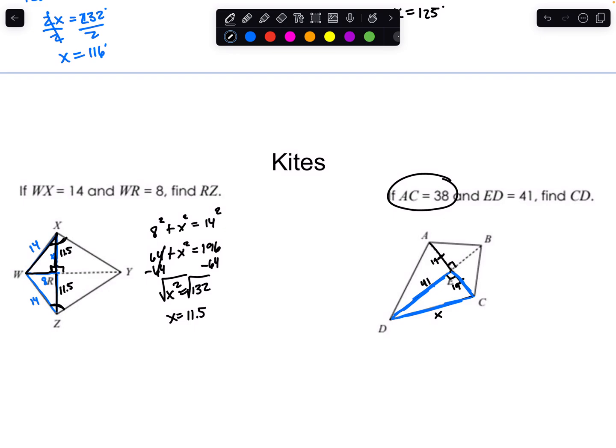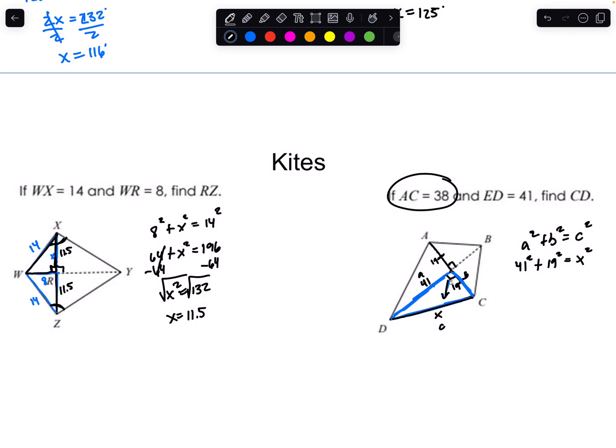So in this right triangle, as long as I can properly identify my hypotenuse, remember that the hypotenuse is always across from the 90-degree angle. That's my C value, right? When I'm doing my equation, a squared plus b squared equals c squared, with the Pythagorean theorem, the hypotenuse, or the one across from the 90-degree angle, will always be C. And the other ones could be A and B if I like. Those can be interchangeable. So 41 squared plus 19 squared should equal C squared, or X squared.